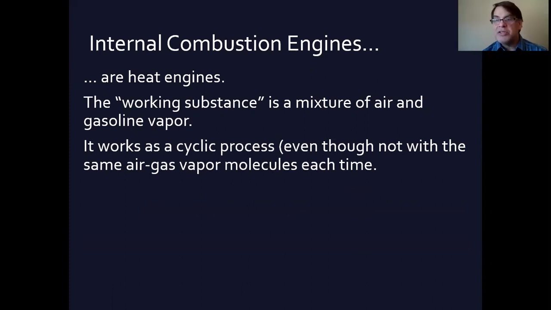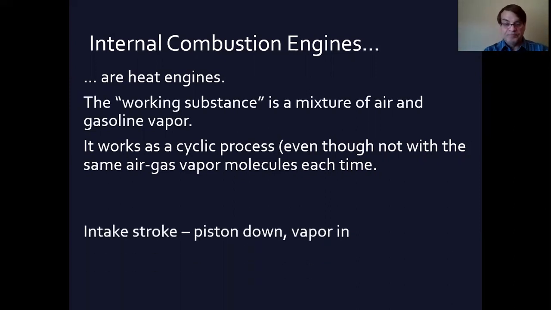A cyclic process is one that pretty much repeats the same process over and over again. Now, technically, it doesn't use the same air vapor mix every time, right? You have to keep putting gas in your car, unfortunately. But because it's pretty much the same kind of air and gas vapor mix each time, we can, for all intents and purposes, call it a cyclic process.